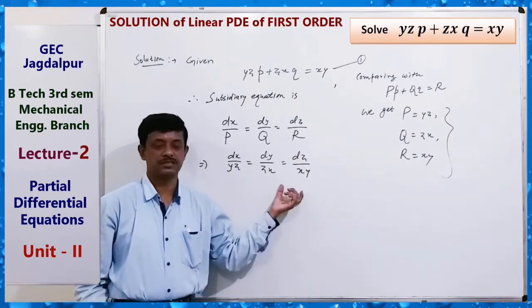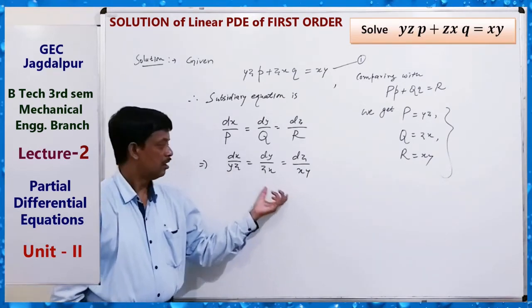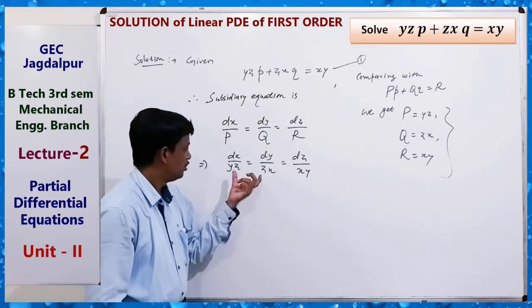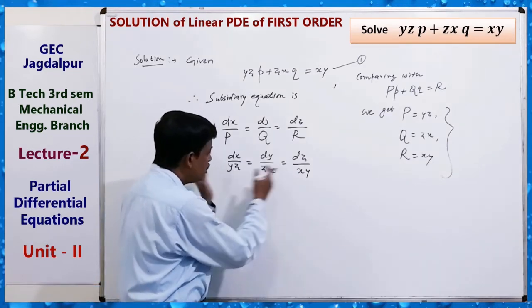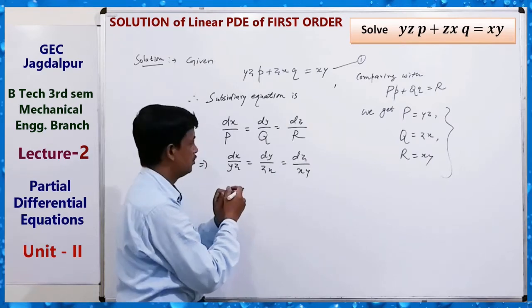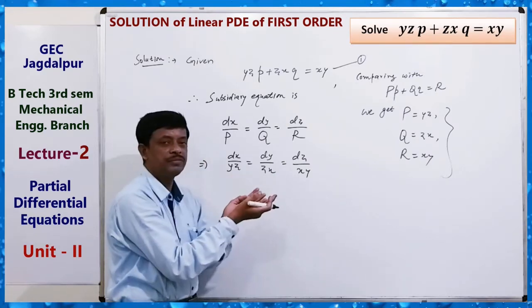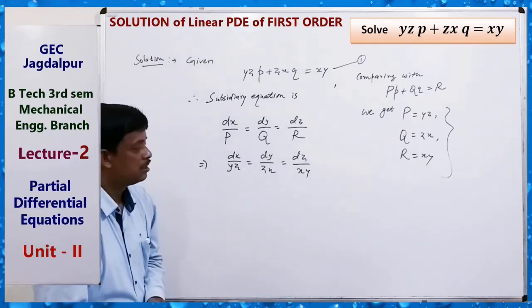Here three fractions are equal. We can take any two, whichever will be very easy for solving.